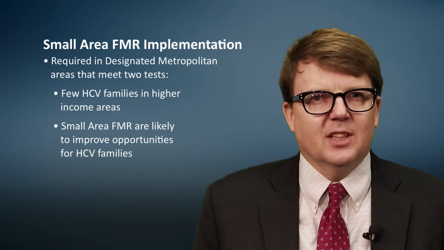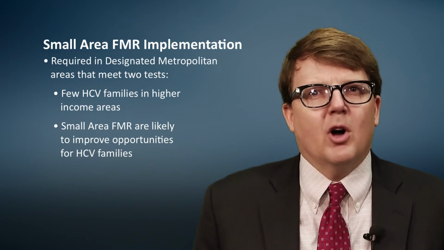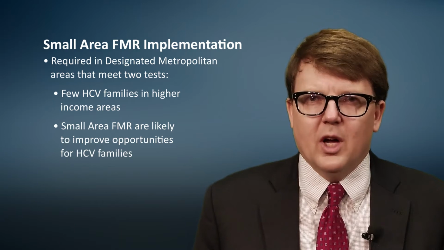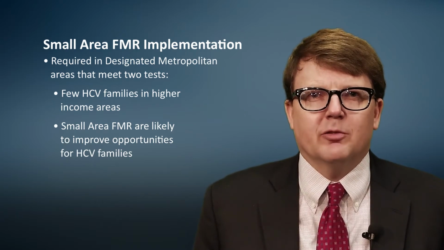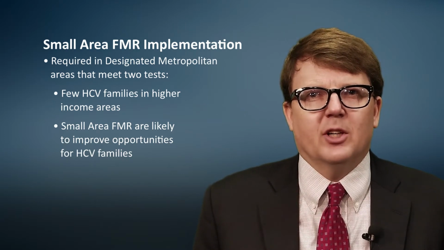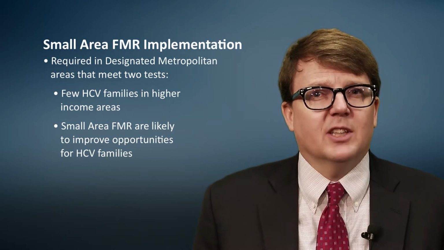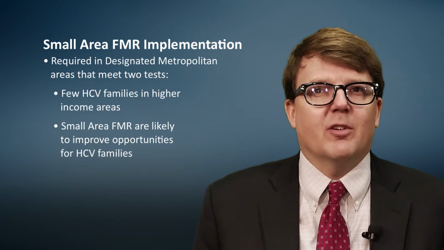To this end, HUD is now requiring the use of small area FMRs in metropolitan areas where HUD's analysis shows, one, relatively few voucher families are currently in higher income areas, and two, there are market conditions, such as higher vacancy rates, favorable to the small area FMR policy being effective.